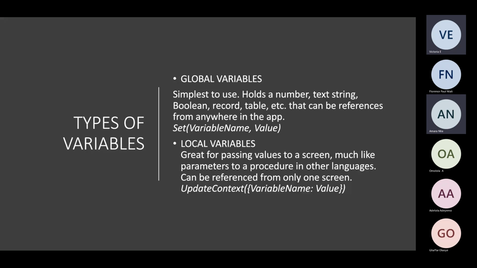I usually advise that we use global variables at the right time and use local variables at the right time. Sometimes you have a variable and you don't need to reference it anywhere aside from that screen. In that case, you use the local variable. While when you need to reference a variable on multiple screens, you use the global variable.